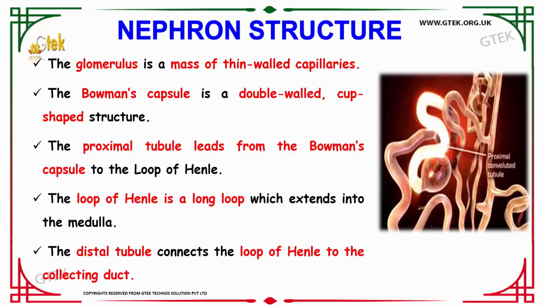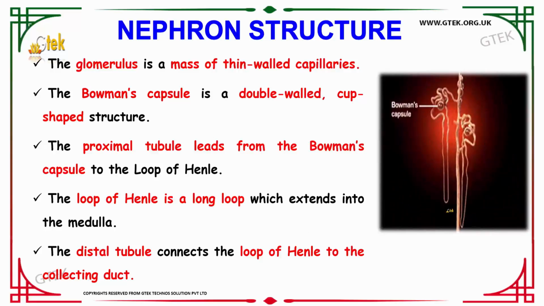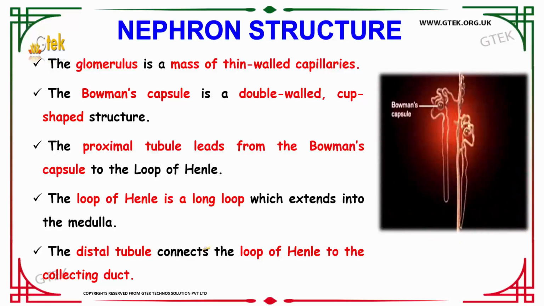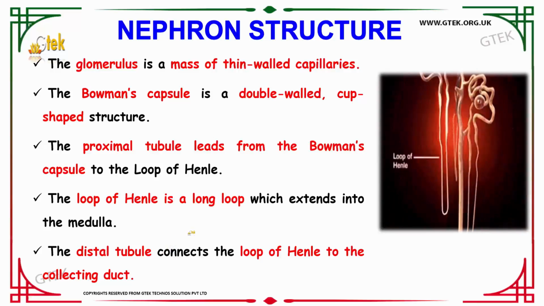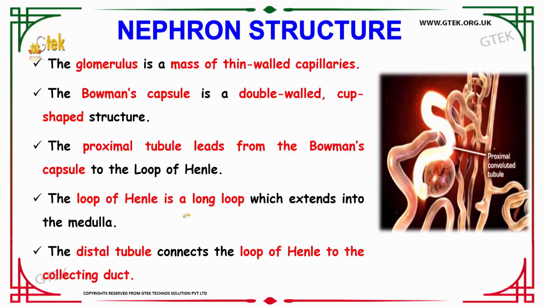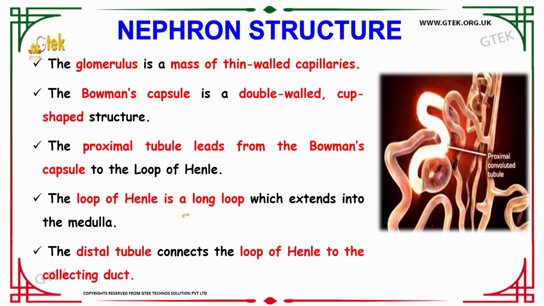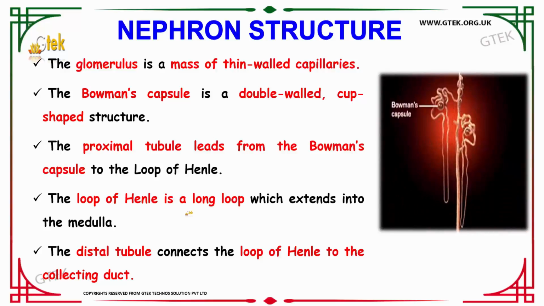And then we have the distal tubule, which connects the loop of Henle to the collecting duct. So this is how the flow of the impurities goes from glomerulus to the proximal tubule to the loop of Henle and the distal tubule, which sends it to the collecting duct, which leads to the ureters.